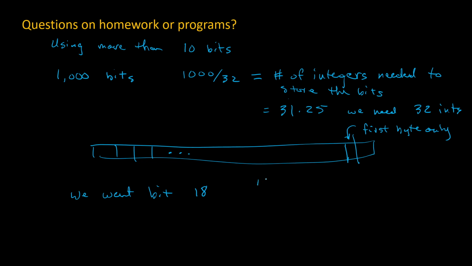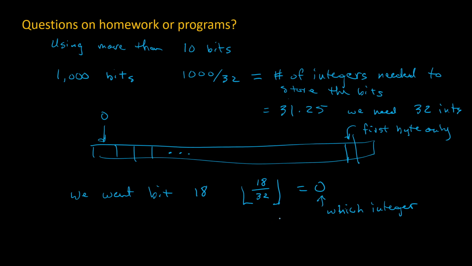So 18 divided by 32, and we do the floor function for that, and that would be equal to 0. This tells us which integer, so that would be this one, integer 0. And then we want bit 18 out of it.